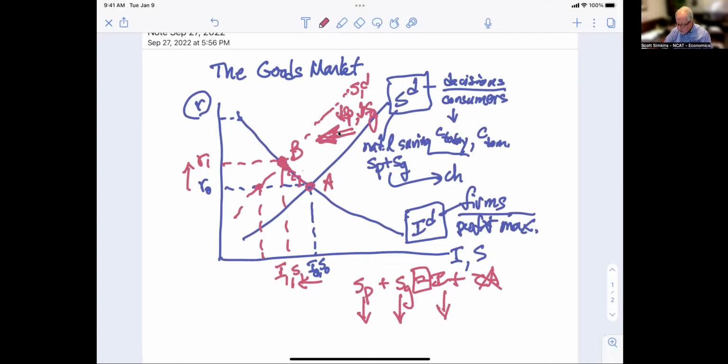There are only 4 possibilities. Either desired saving will shift to the left or shift to the right, or desired investment shifts to the right or shifts to the left. This is just one of those 4 examples, but it's useful to go through each one and then to link that to what could have caused that in the real world.